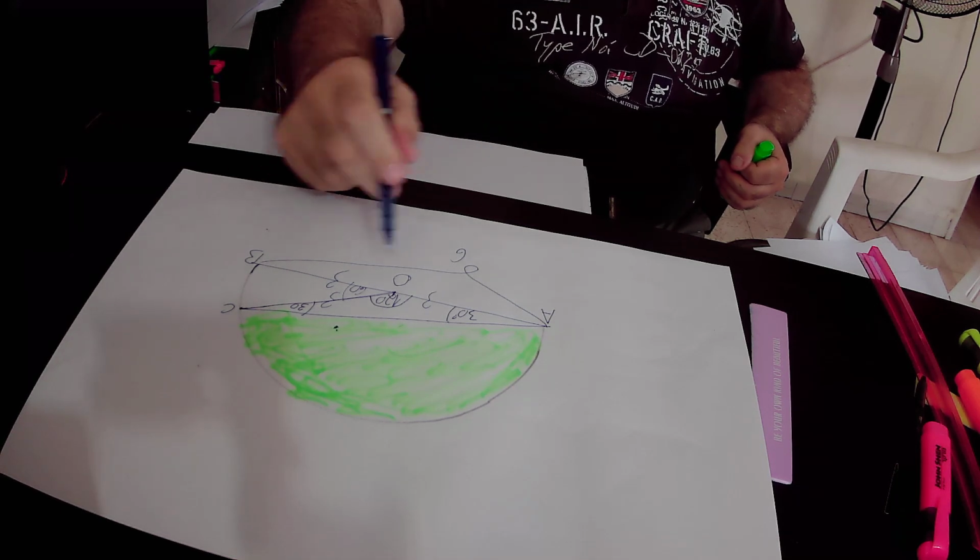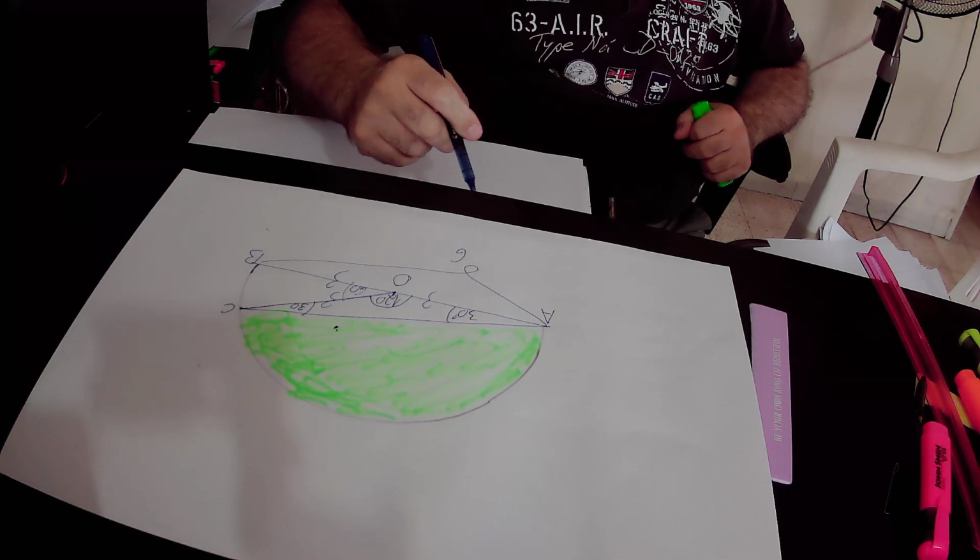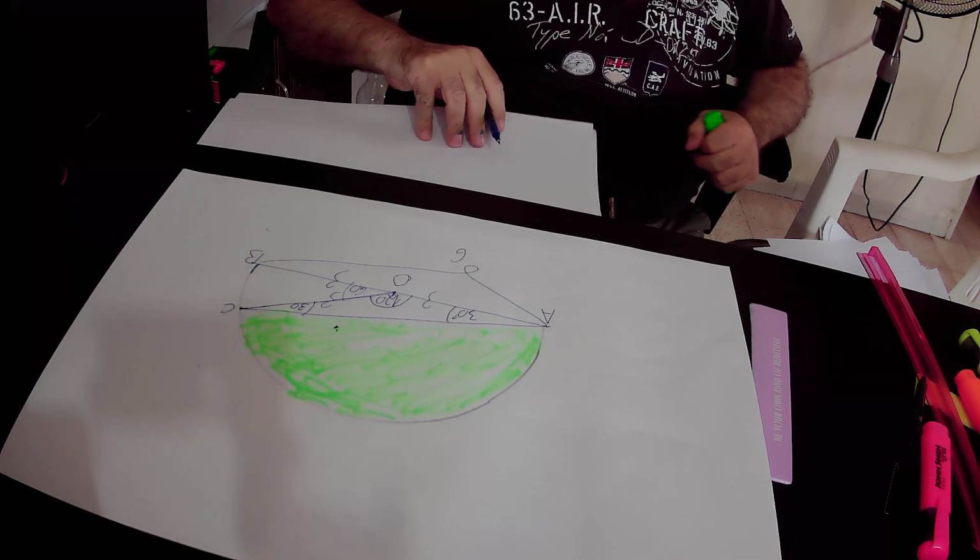Now I'll copy sector COB onto a new page and we'll find out the area of this sector COB according to the new formula.